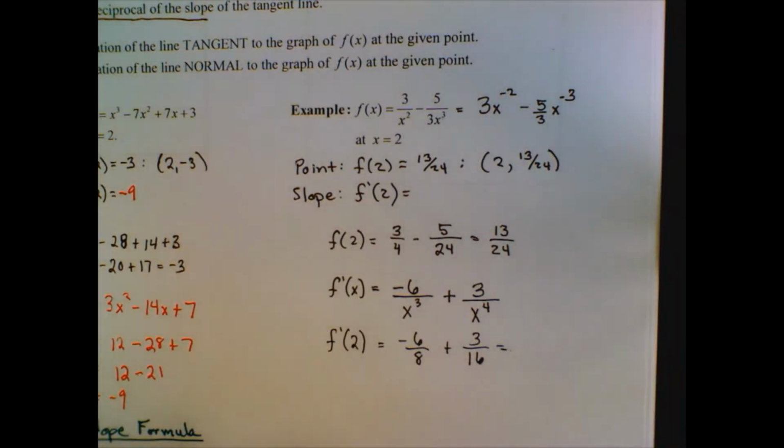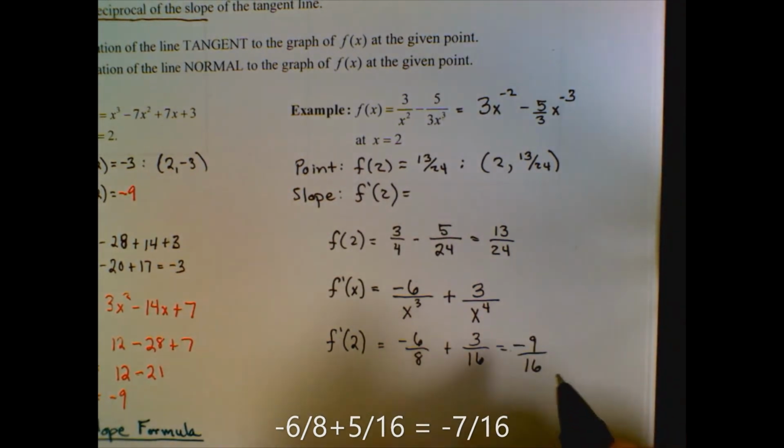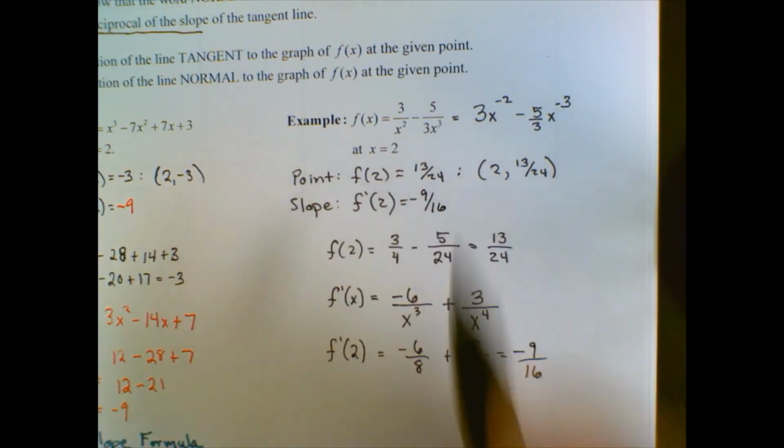And we'll add those together by using a calculator again. So -6/8 plus 3 over 16. Math, enter, will give you -9 over 16. So now I have the slope, which is -9 over 16.